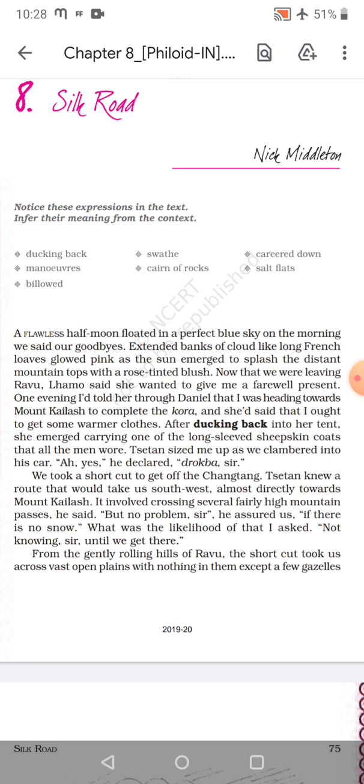Saturn sized me up as we clambered into his car. So Saturn, that was the driver, he sized up, means he was looking at the writer when they climbed into the car. Ah, yes, he declared. Drogba, sir. And he looked at the writer and he said, oh, yes, Drogba, sir. Drogba means shepherd.